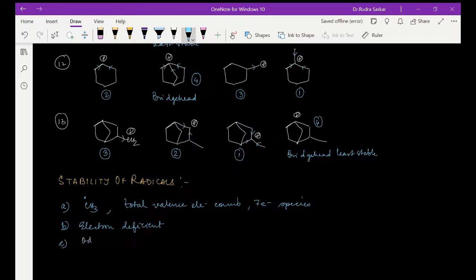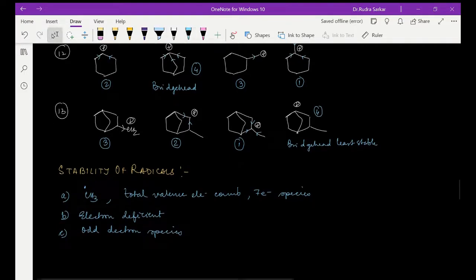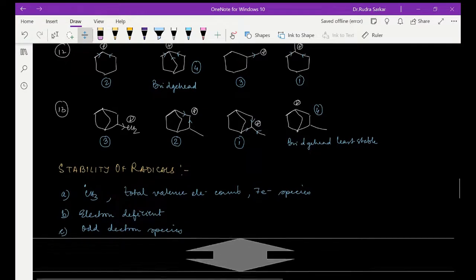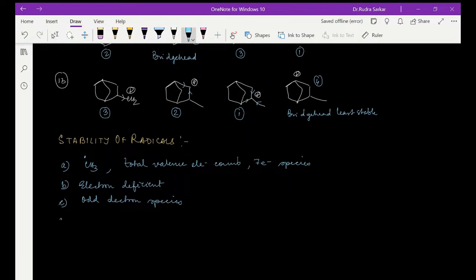It is an odd electron species, and one should expect this to be paramagnetic in nature, and this will also act as an electrophile because it is an electron deficient species.